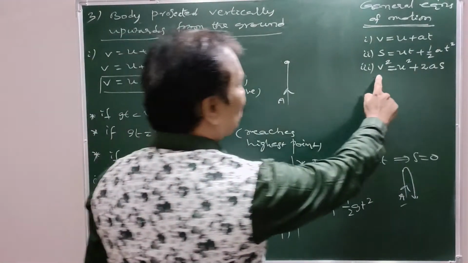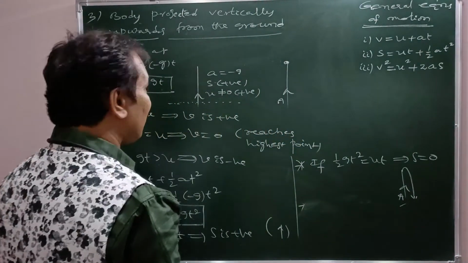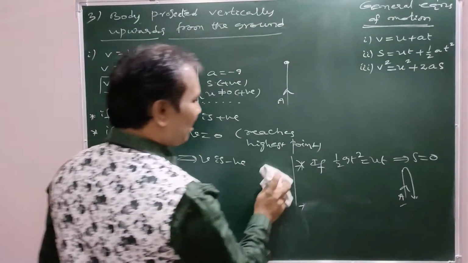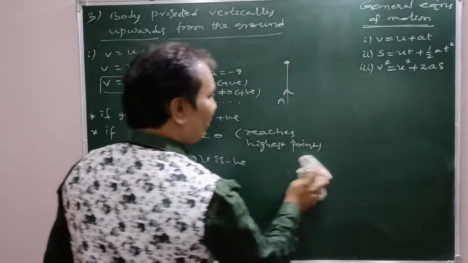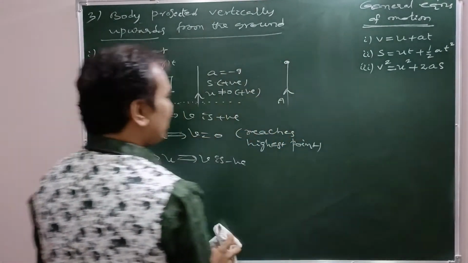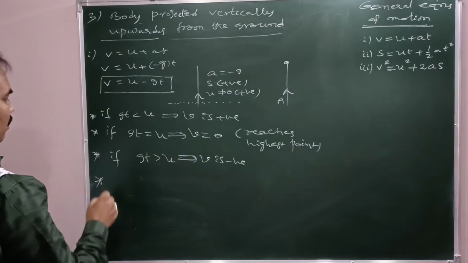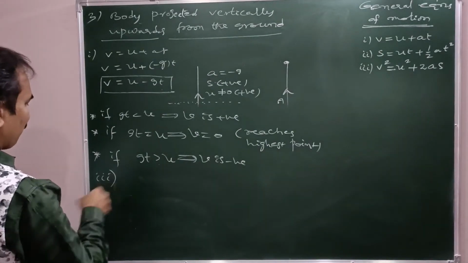Now coming to the third equation. What is the third equation here? V square equal to u square plus 2ax. Am I right? Third equation, that is number 3.